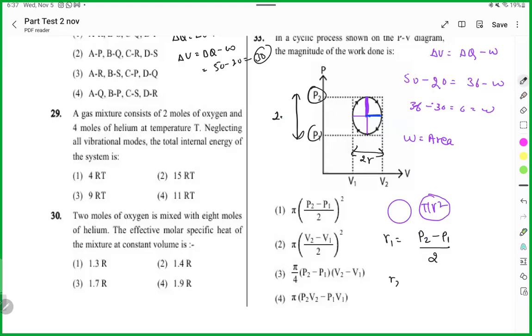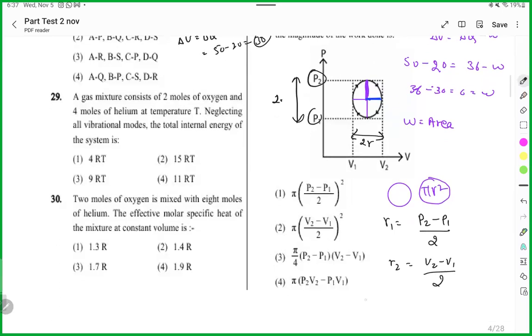So what will be the R2 value? Total 2R value is V2 minus V1 divided by 2. Now you put formula directly. Pi R1 R2, with R1 value P2 minus P1 by 2 and R2 value V2 minus V1 by 2.